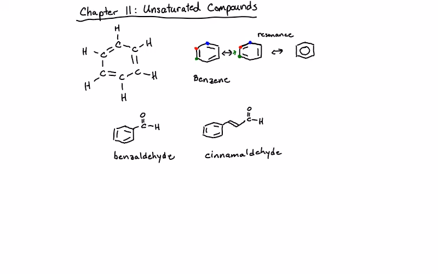And there's a lot of other compounds out there, like naphthalene, where we have two benzene rings fused together. And naphthalene is the stuff that's in mothballs. So if you've ever smelled that, that's what you're smelling.